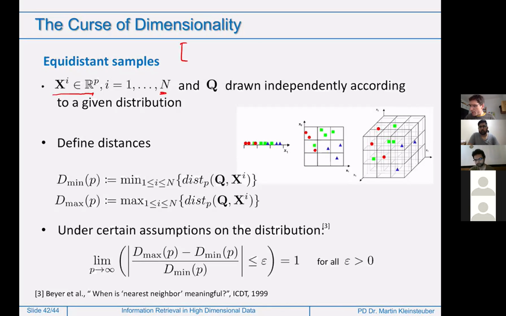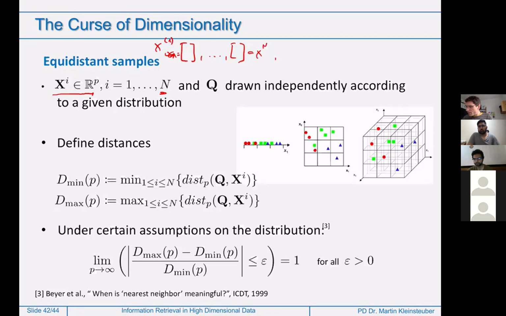I mean, you have here x1 is this, and this here is xn, and they are all p-dimensional. Okay, so this is how you have to read that.